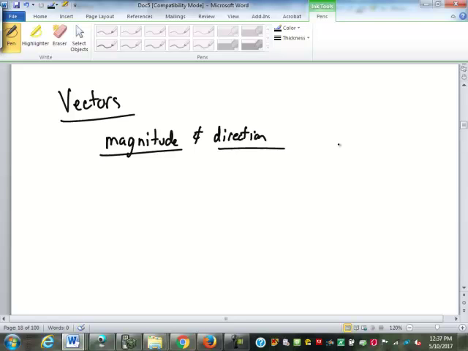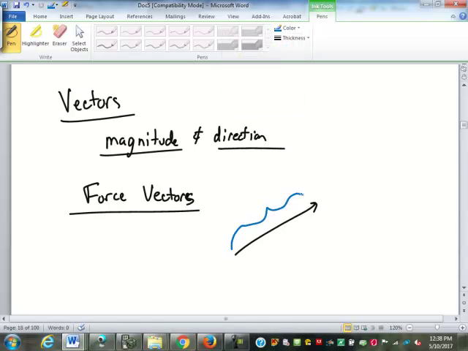So probably the most common vectors used are force vectors. So you might have a force that goes off in that direction with that magnitude. The length of the vector corresponds to the magnitude.